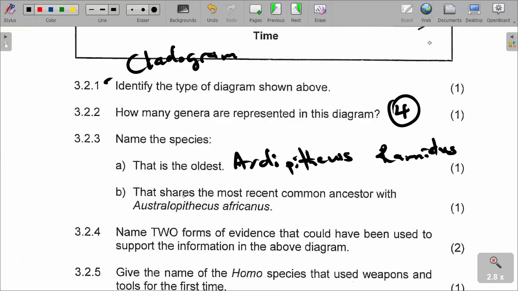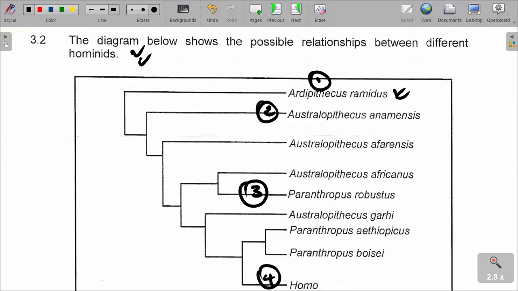And then the species that share the most recent common ancestor with Australopithecus africanus. Australopithecus africanus is this one.